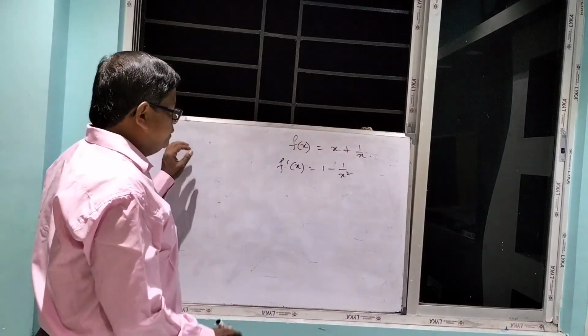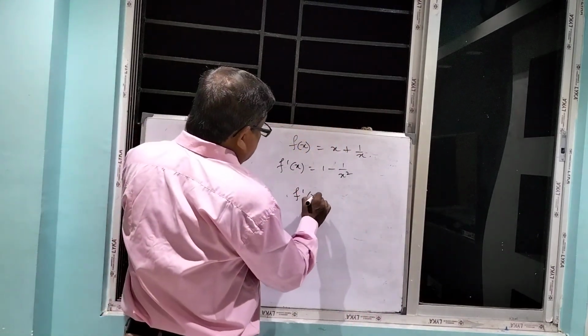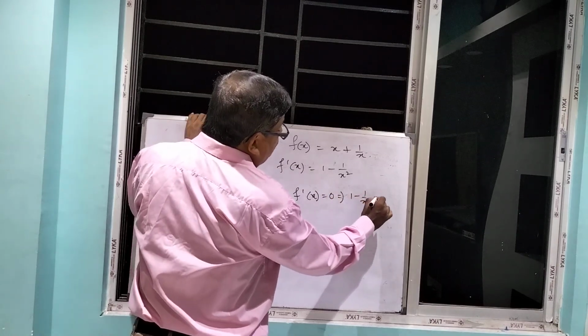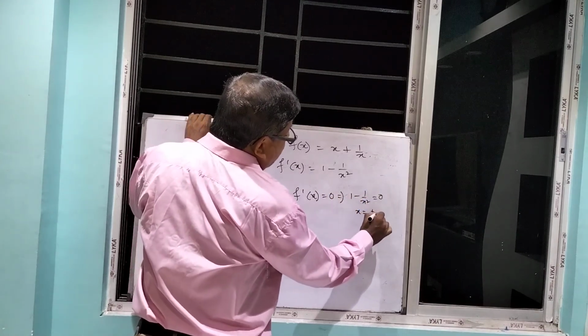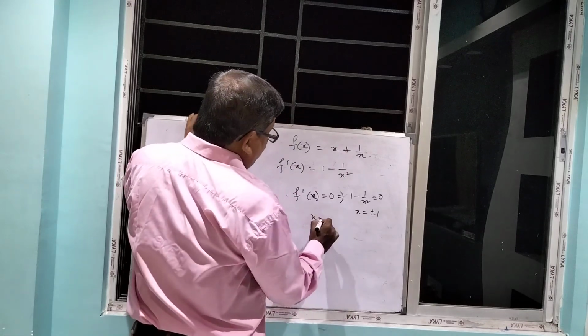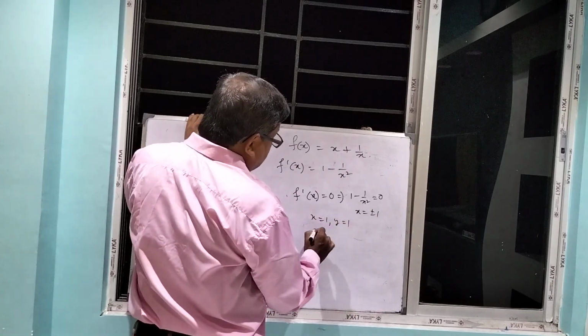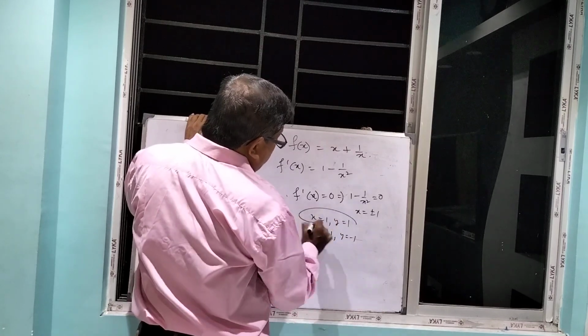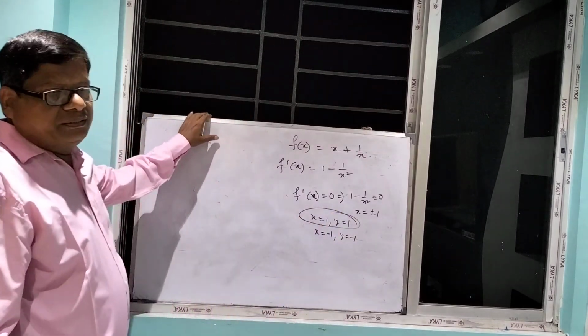Then we get the point. See, 1 minus 1 by x square will be 0, no? So x will be plus minus 1. So if x is 1, y is also 2. If x is minus 1, then y is also minus 2. So this is the first point is there.